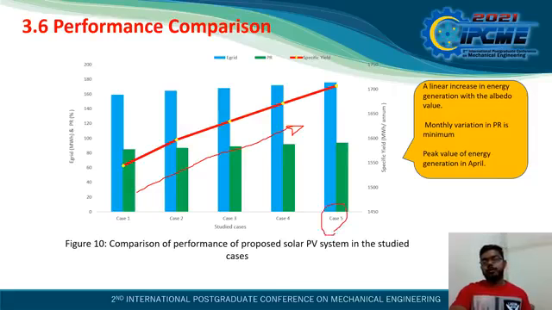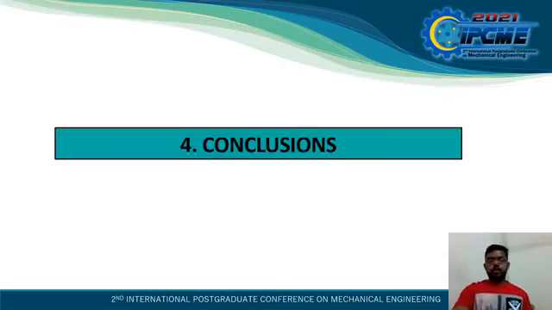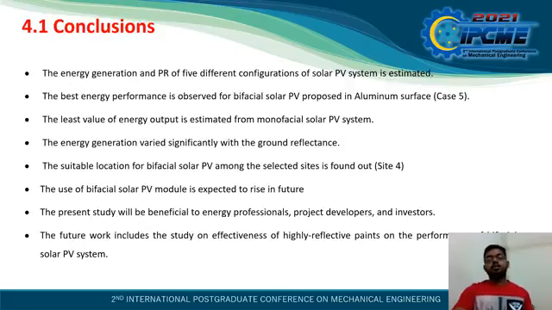So a linear increase is seen in the energy generation with respect to the albedo factor. However, the monthly variation of PR is minimum, and the peak value of energy generation is observed from the previous graph in April month. So based on these studies, the following conclusions are drawn.